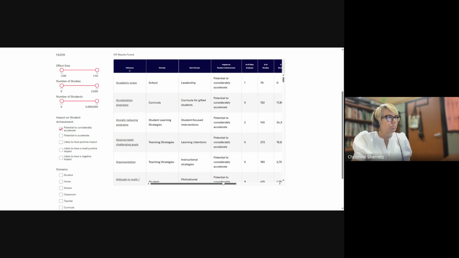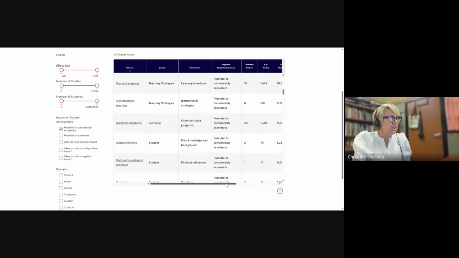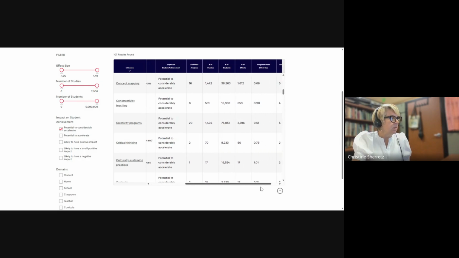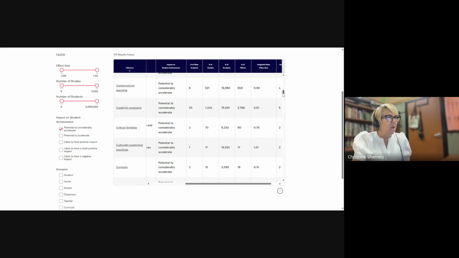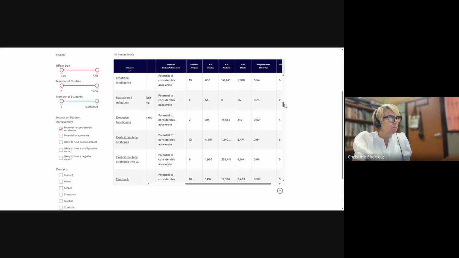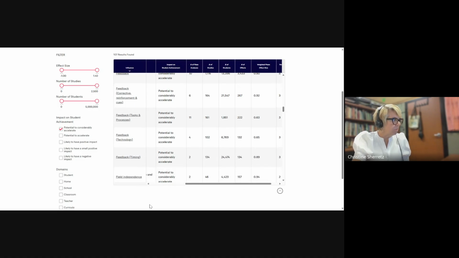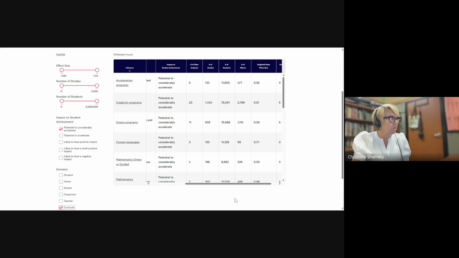As I'm going through, these are just some that I have that are pretty high. I can see culturally sustaining practices had a 1. So I'm going to put in curricula over here and ask, what curriculum shows to be positive?